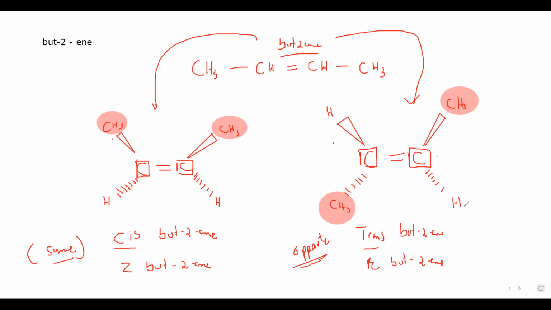Like if I draw another isomer, if I draw butene. In case of butene, butene is CH2 double bond with CH, CH2, CH3. So when I try to draw the geometrical isomer of this, the two carbons have a double bond.